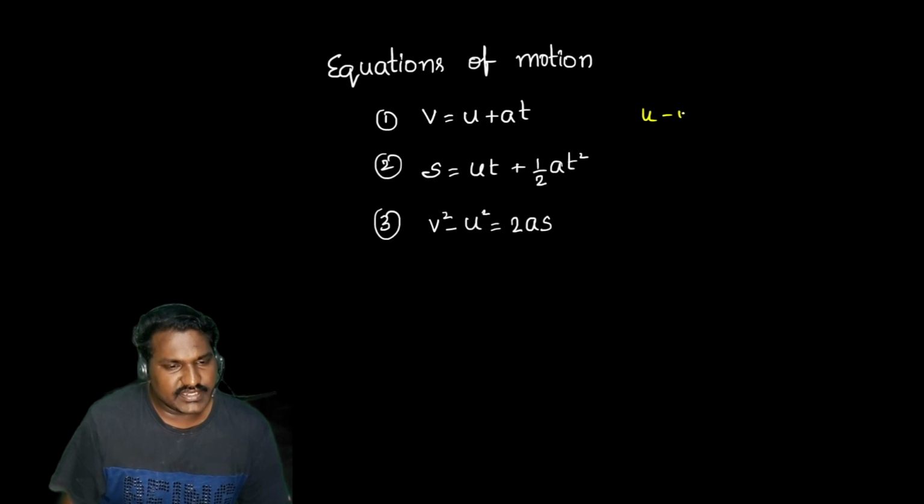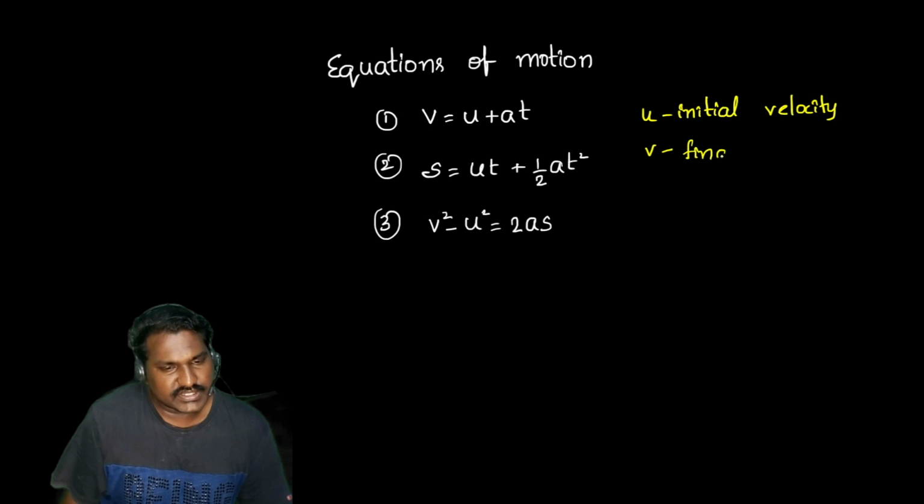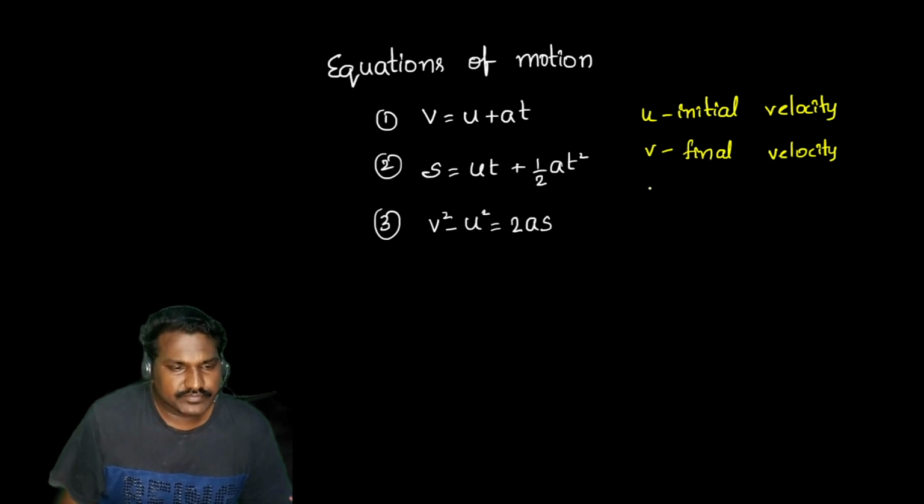u means initial velocity, v means final velocity, and s is displacement.